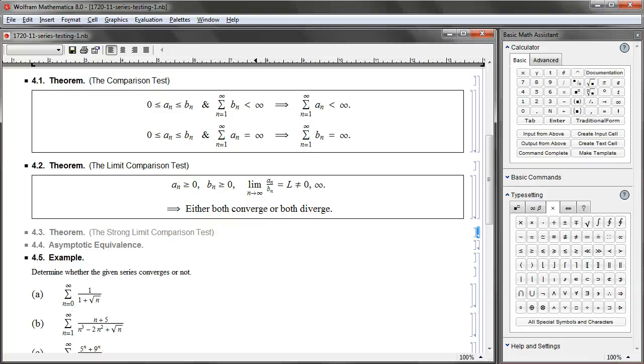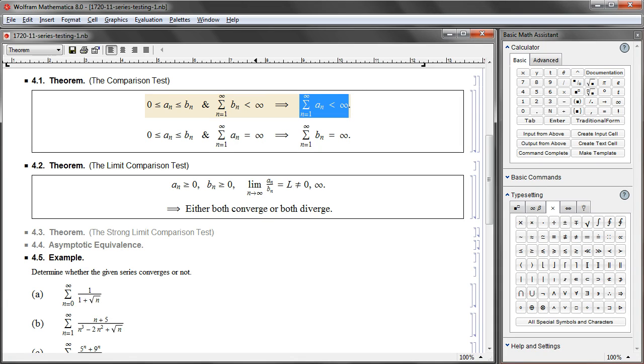Now I'm not going to prove this comparison test in this video. In the next one I will, but let's use intuitive understanding to get through this comparison test. We have two positive term series where Bn is greater than or equal to An, and the first comparison test says even if the bigger series is bounded, then the smaller series is also bounded.